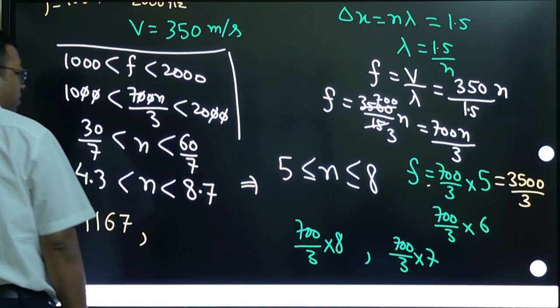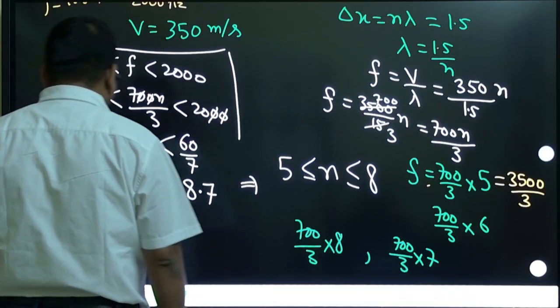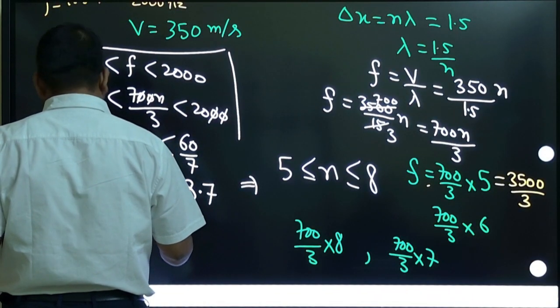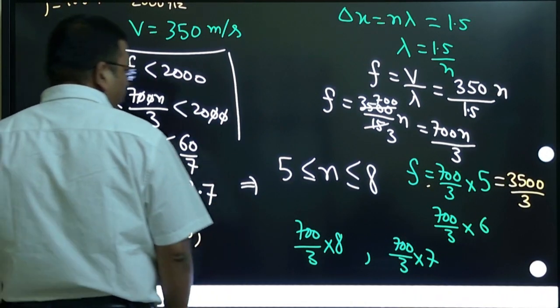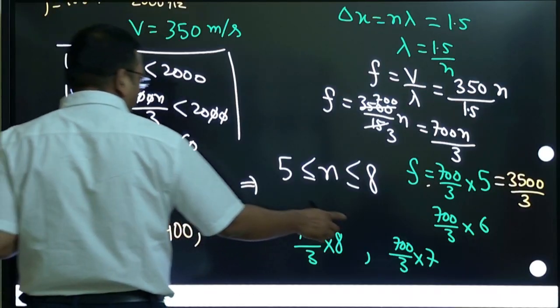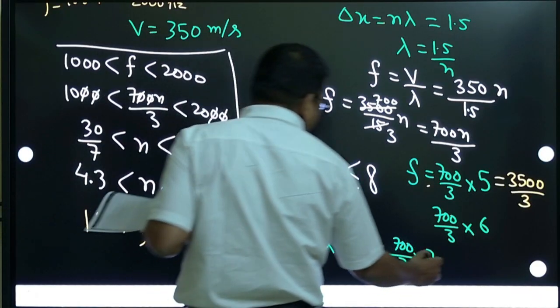Next frequency will be what? 700 by 3, that times 2, so 1400 will come, correct? Next, 700 by 3 into 7, so 4900 by 3. 4900 by 3 is how much?